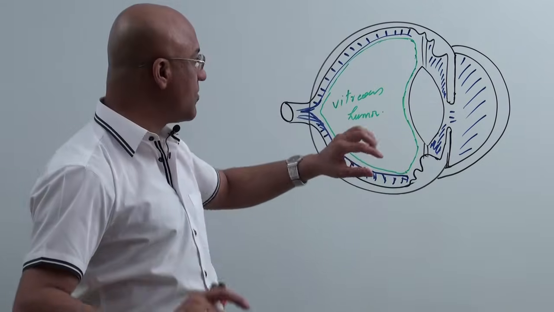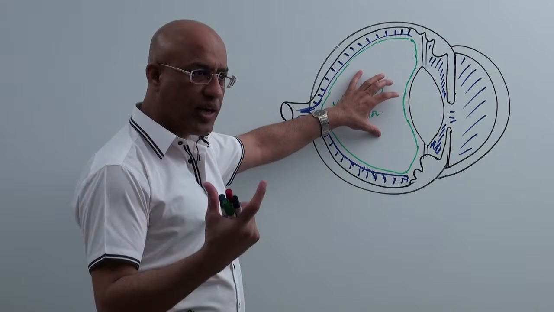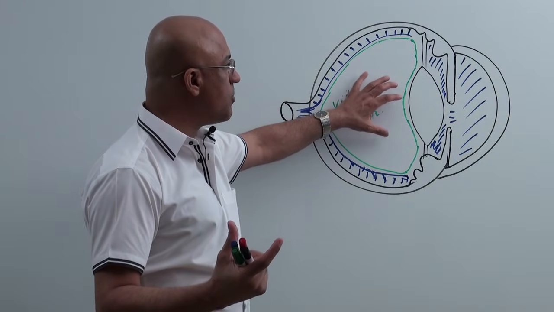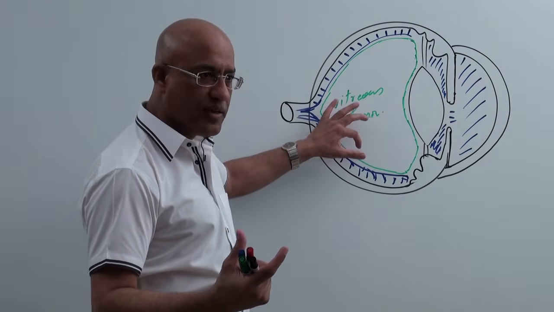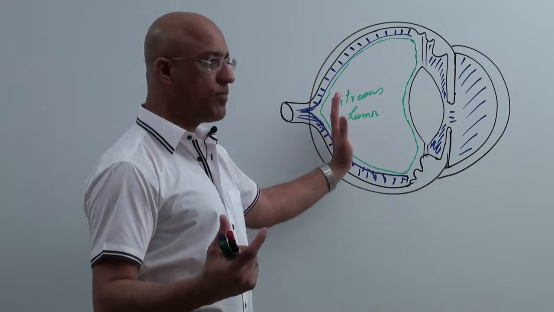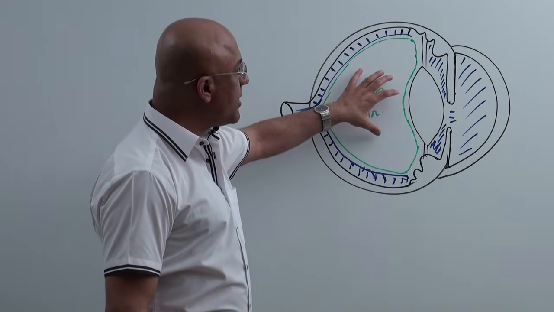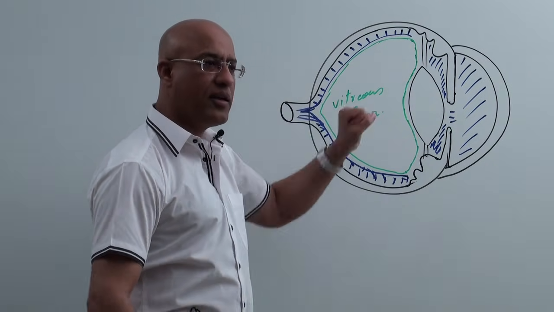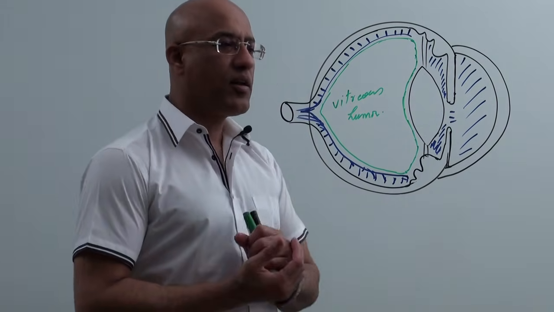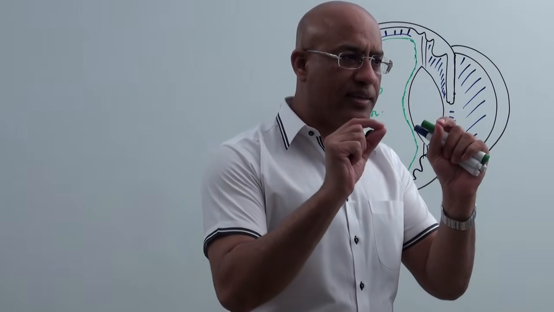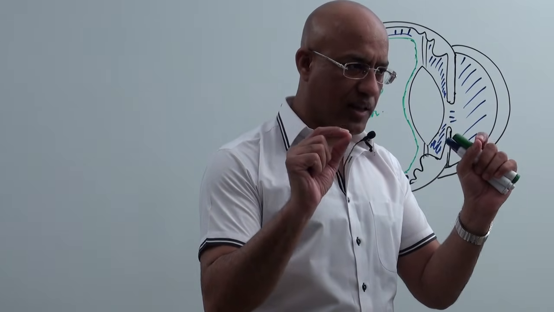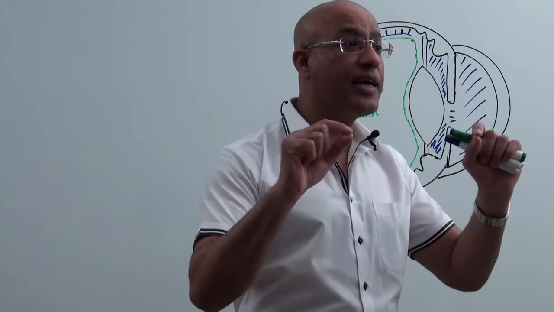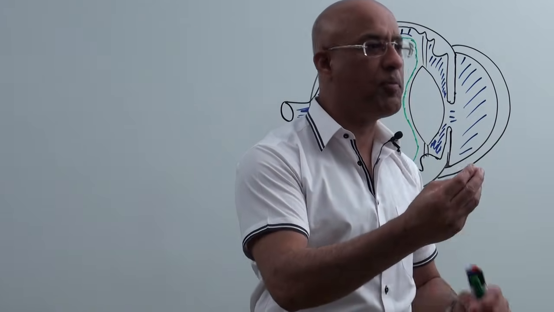Again, the vitreous body is a gelatinous mass present behind the lens and suspensory ligament and in front of the retina. It is held together by a very fine network of fibrils, and these fibrils are made of elongated proteoglycan molecules.